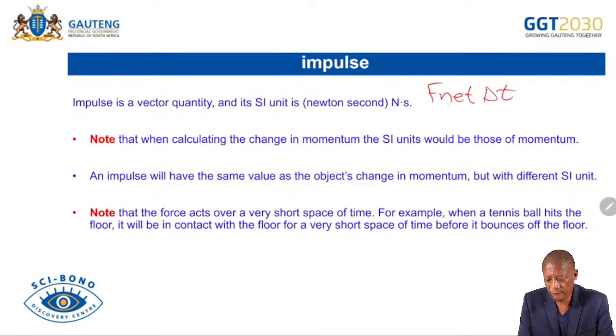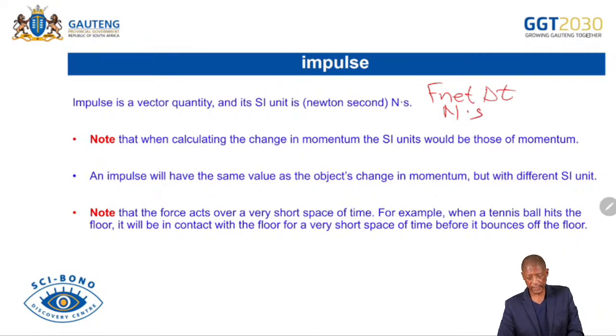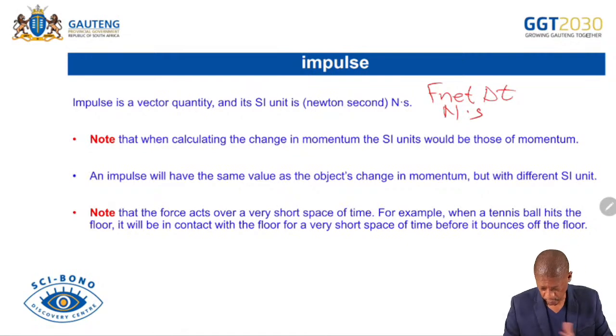What is the unit of a force? It's Newton. What is the unit of time? It's a second. That's why we've got Newton second. We get it from here, the SI unit. So you must not forget about that, right?